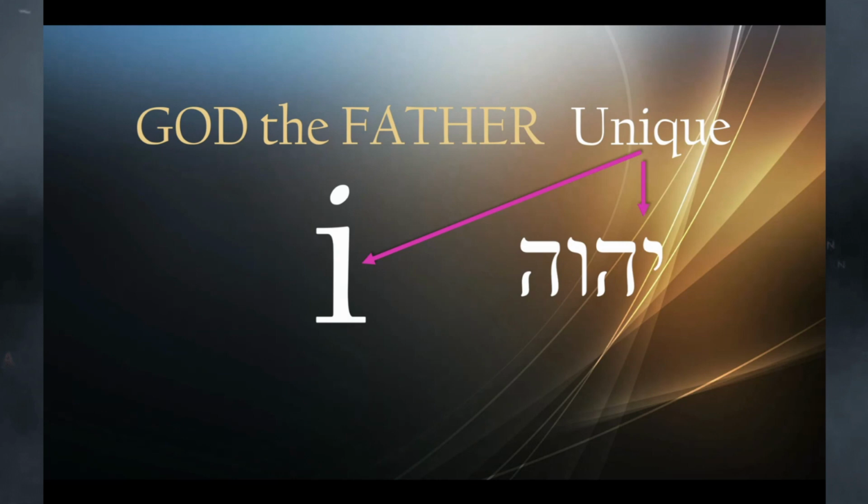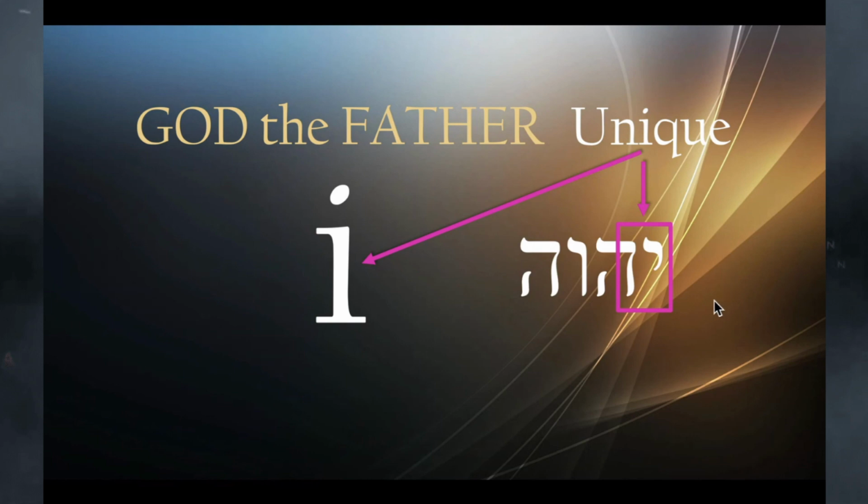Take a look at this right here. Maybe you already see what I'm about to show you. When we capture the Yod and this portion right here of the He, what we have is the exact image of what later becomes the I in English. And the I, as in unique, is pointing us to one, the number one.